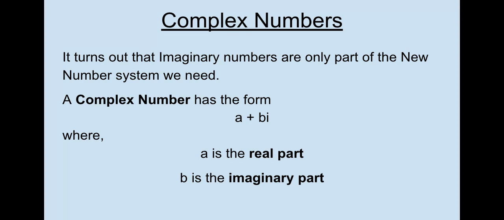The i lets me know that the imaginary part is the b. Make a note here: the imaginary part isn't bi, it's the b. A and b are just constants, and they will both be real numbers, the numbers that you know, twos, threes, negative sixes, that kind of stuff. But the i lets me know that the number in front of it is the imaginary component. So a complex number is a combination of a real number and an imaginary number.